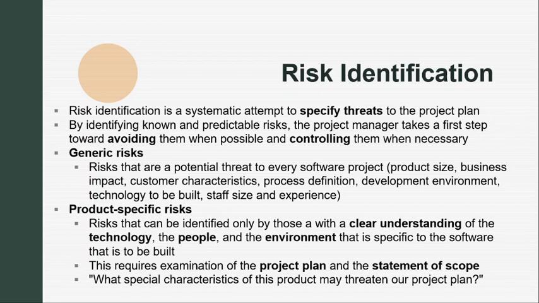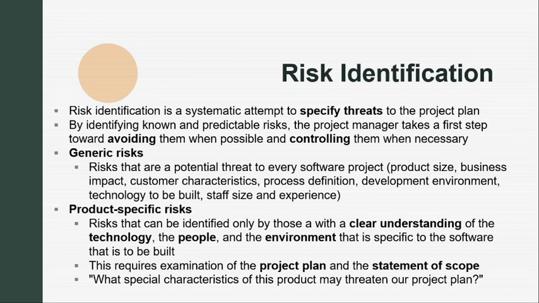So it means we need a systematic approach to specify the possible risks to the plan. It is the project manager's responsibility to identify and avoid them, and if necessary, control them when they happen.